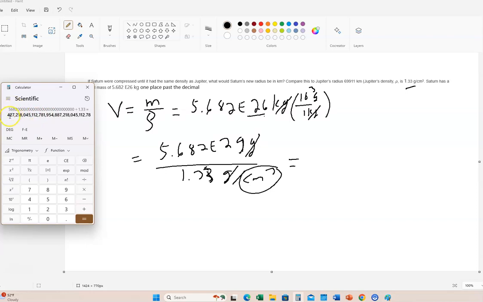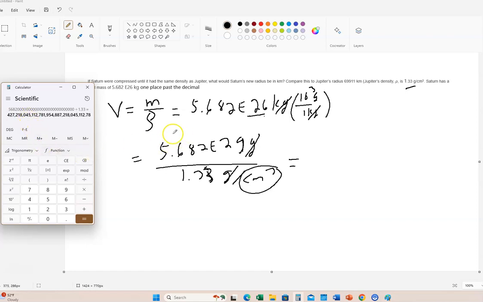You could literally count the decimal places right here: 3, 6, 9, 12, 15, 18, 21, 24, 27, 28, 29.